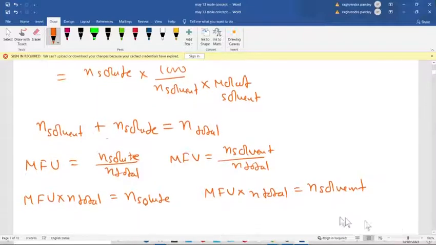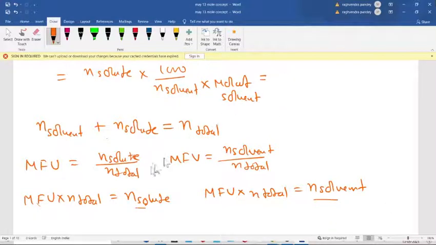Now this value and this value we can put here. Number of moles of solute is equal to mole fraction of solute into total moles, and here mole fraction of solvent into total moles. So here we can put this value like this.